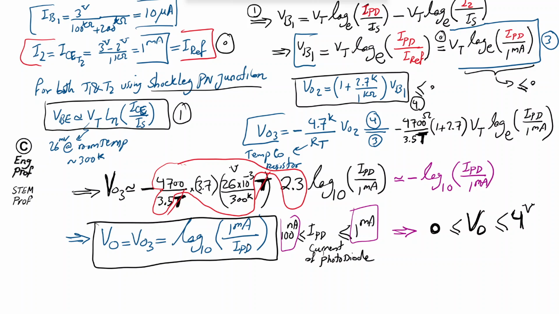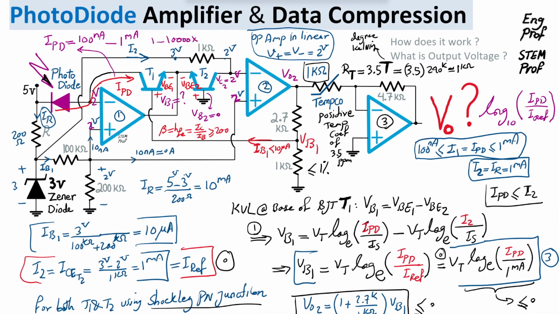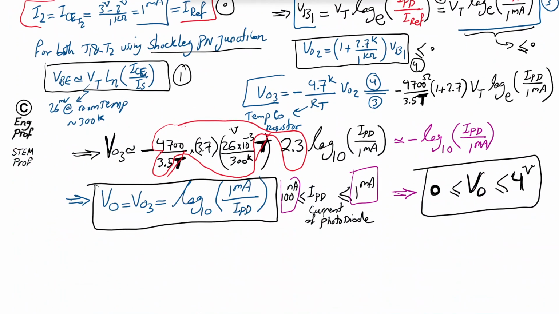So basically, when we get this range of voltage at the output of this setup, we are showing that at 4 volt, it means the current of the photodiode has increased by 10,000 times to the maximum.